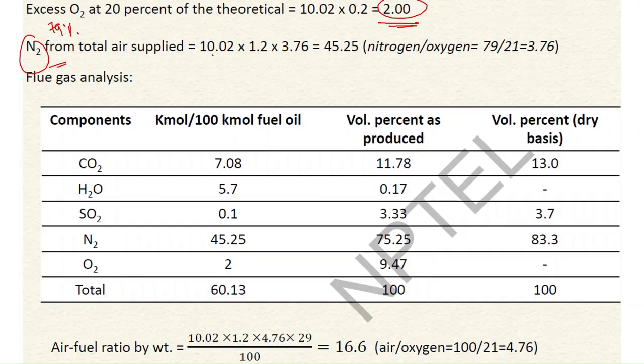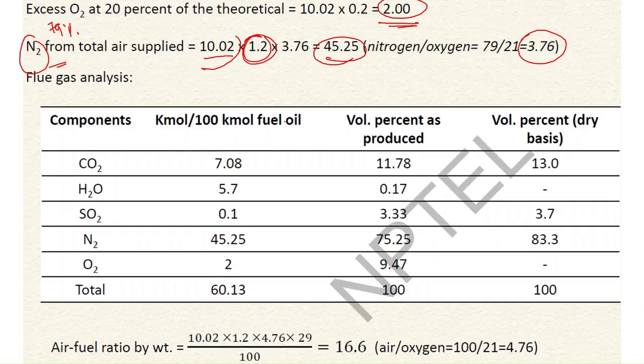The 10.02 moles is the stoichiometric oxygen, but with 20% excess, the total is 120%, that is 1.2, times 3.76, the nitrogen to oxygen ratio, 79 by 21, which is 3.76. This gives the amount of nitrogen, which is 45.25 moles.